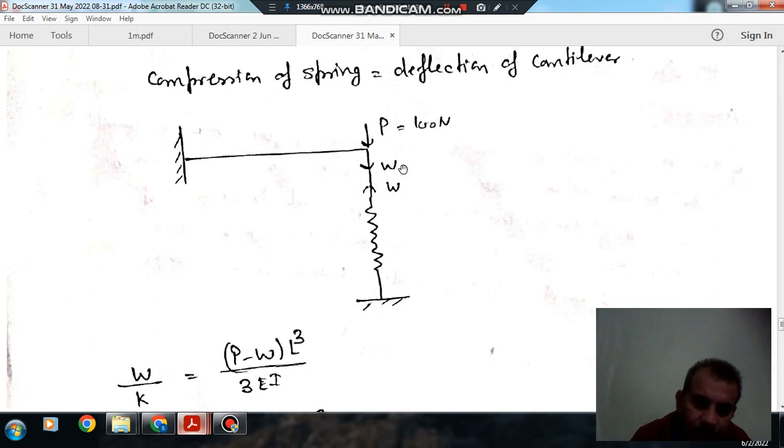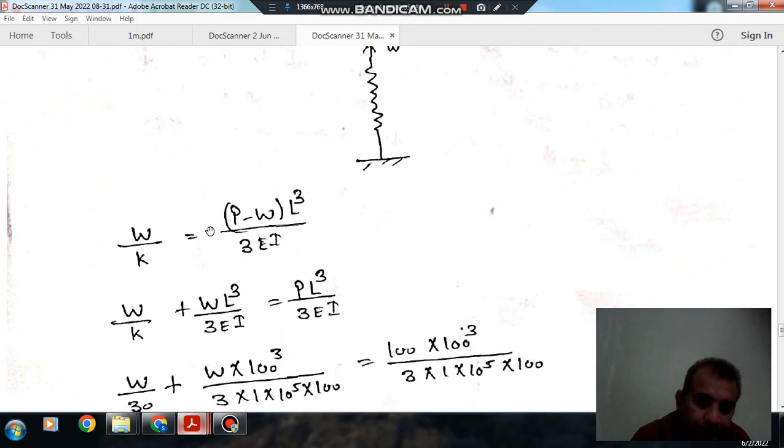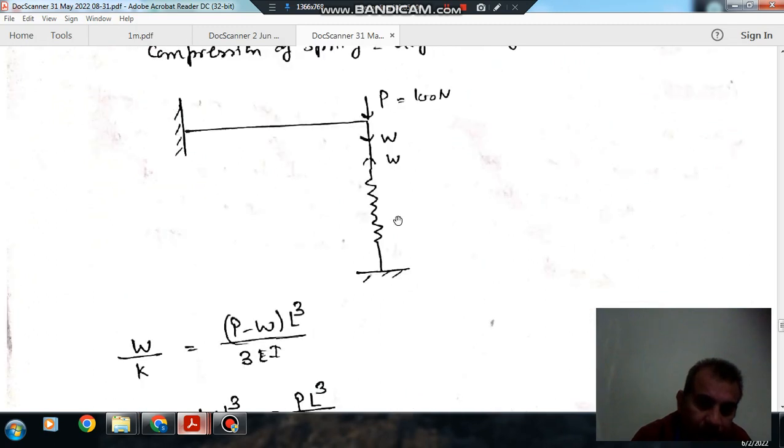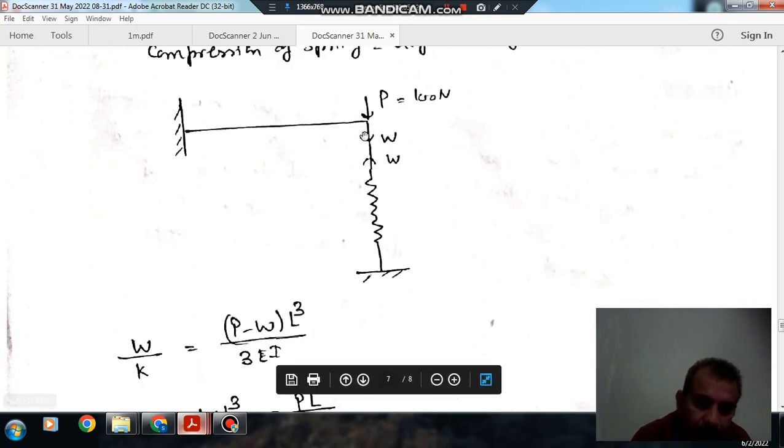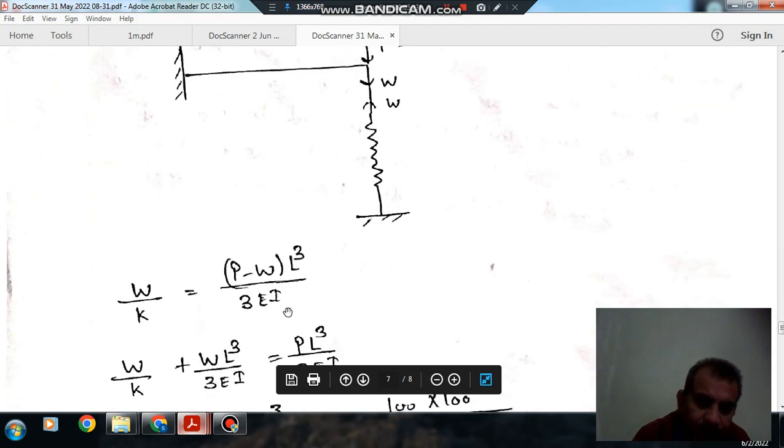Compression of the spring is caused by W, and deflection in the cantilever is caused by P minus W. So the spring compression is W by K, and the deflection is P minus W times L cubed by 3EI.